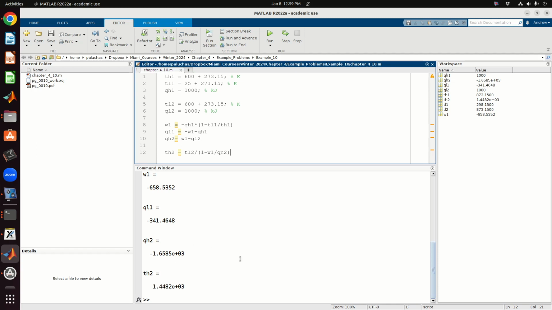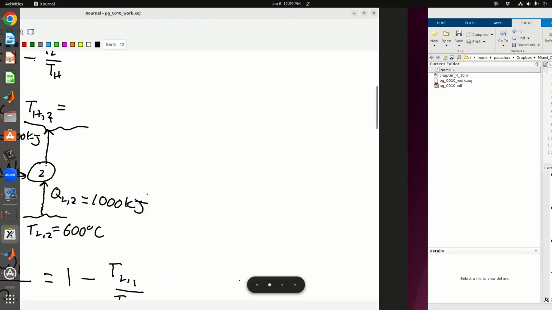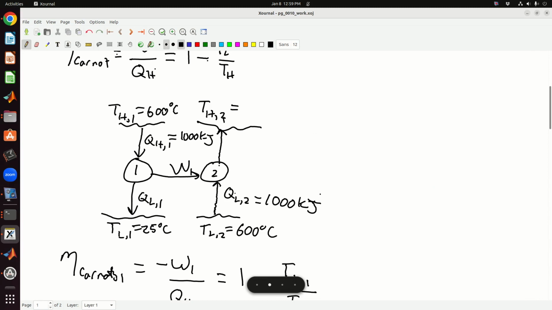QL1, so W1 plus QL1 was equal to QH1, which was that 1000 kilojoules input. So this is the heat removed, and that's the work done by my system. QH2 and TH2. So looking at what that is, QL2 is the heat removed from my cold body, which we're able to do because we're performing work on our system.